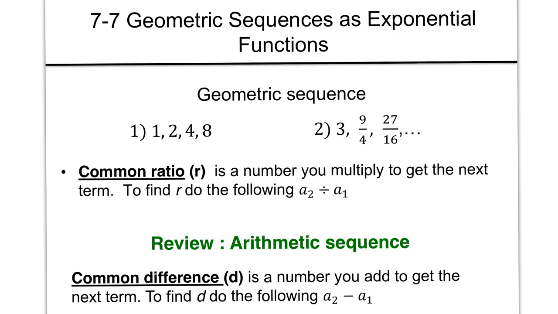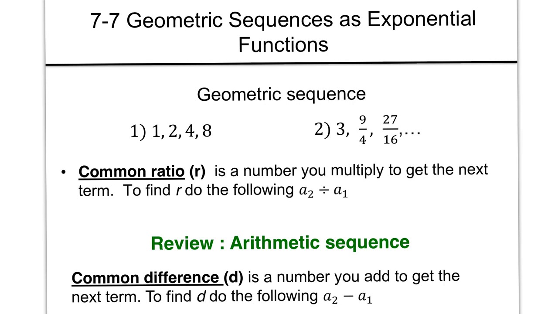The word sequence means you have a list of numbers, and when you look at the numbers, there's a pattern happening. Sometimes you can be adding to get the next number, sometimes subtracting, but today we are going to look at multiplying. In order to be a geometric sequence, you have to be multiplying to get to the next number.